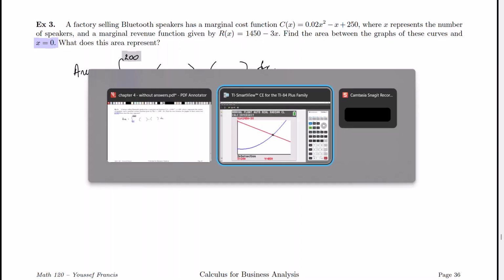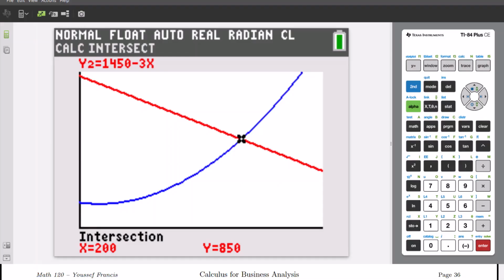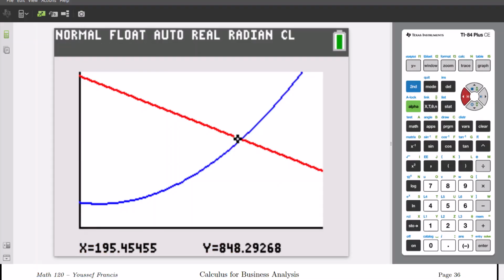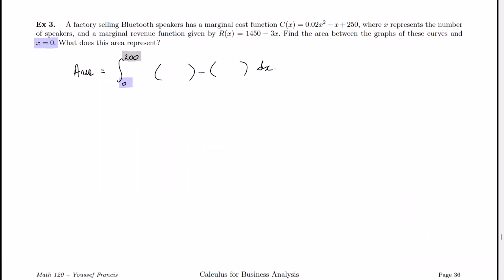So going back to my calculator, the red line seems to be on top, right? In this whole region, the red line is on top. And the red line is the marginal revenue equation, which we're calling R of x in our problem. So I'm going to put R of x first. Then I'll be putting the C of x afterwards.